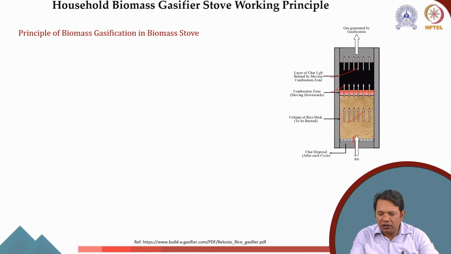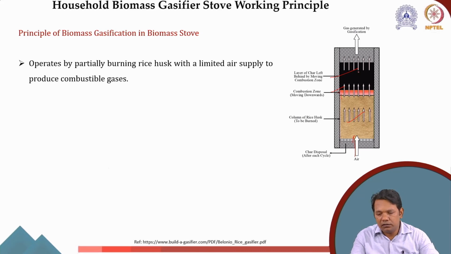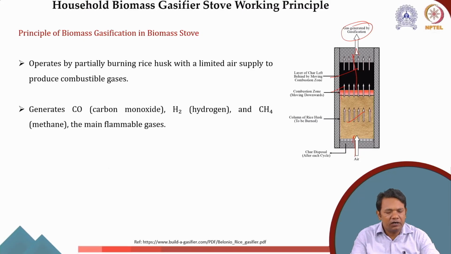Here it is not full combustion; remember that it's partial combustion, so it's oxidation. This consists of oxidation, pyrolysis, as well as the reduction part. The gas moves upward, and you get the gas generated through gasification. It operates as we learned earlier, by partial burning of rice husk or bagasse or any kind of biomass with a limited air supply to produce combustible gases.